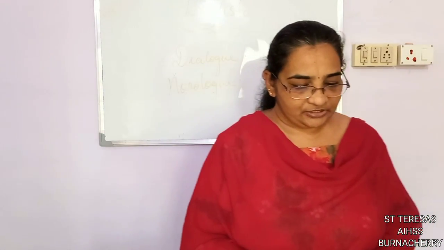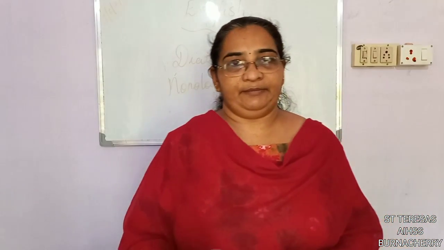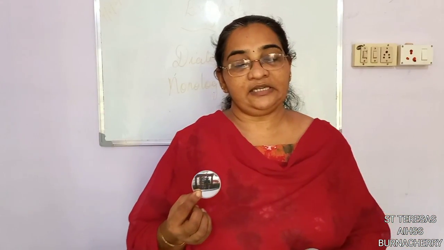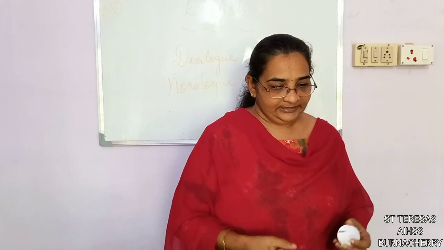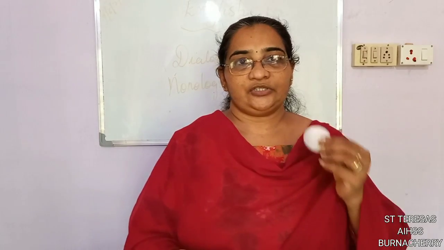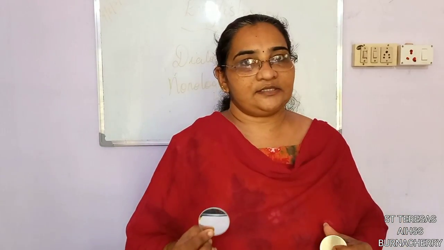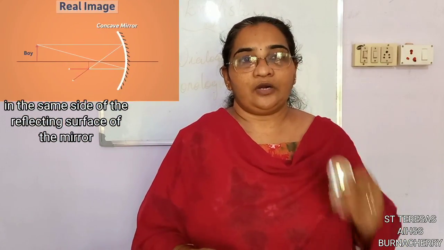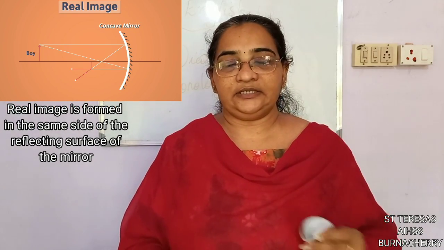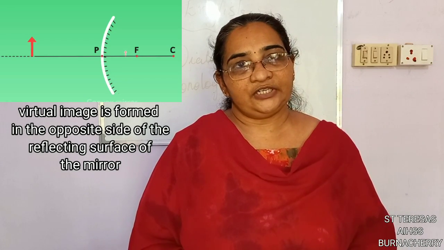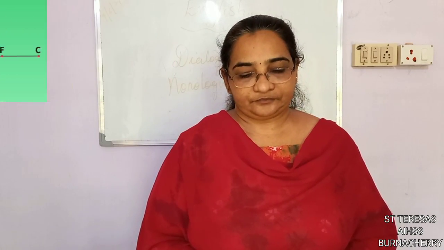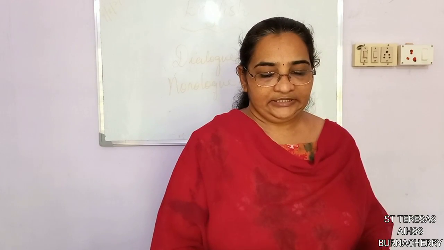So that type of image is called a virtual image. So this is the main thing which we learn in this. So this is a concave mirror and this is a convex mirror. A concave mirror forms real images and a convex mirror forms virtual images. I hope it is very clear.